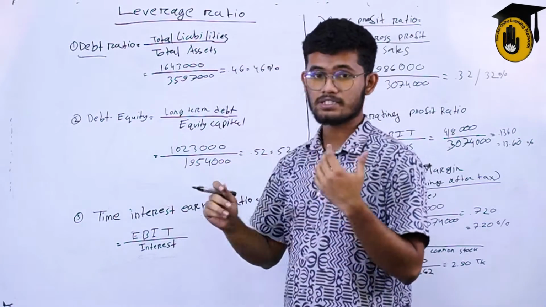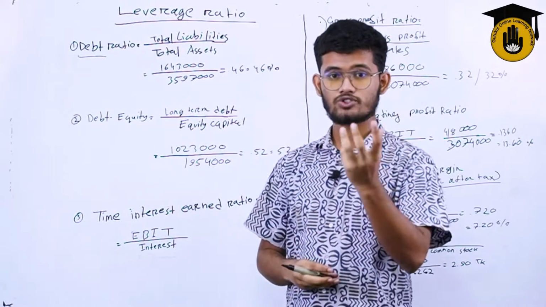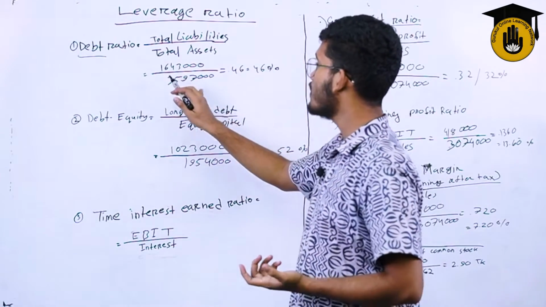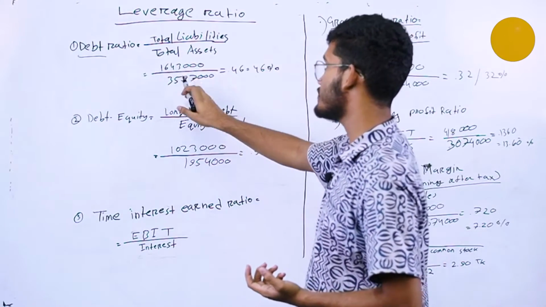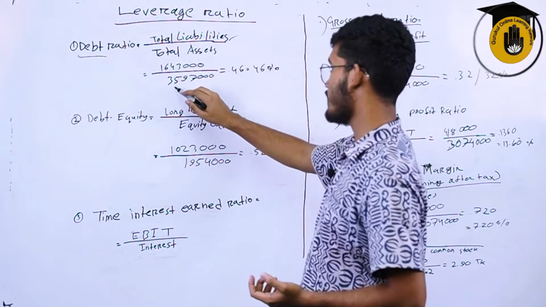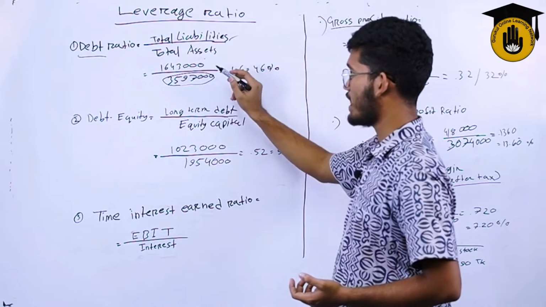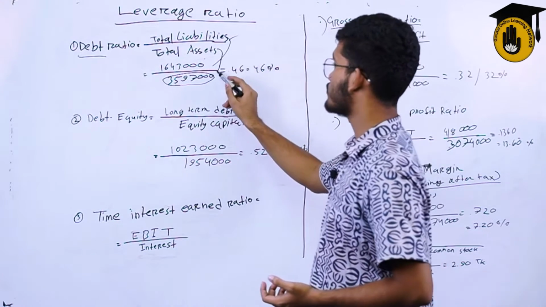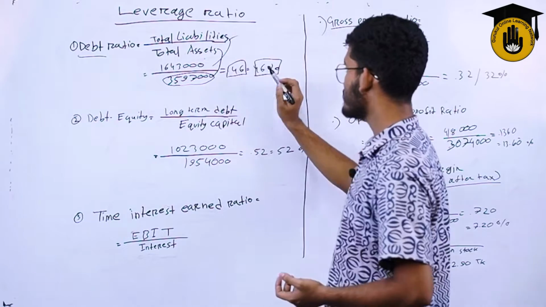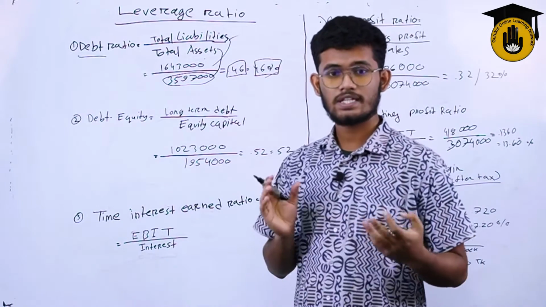Total liabilities means the total amount of money that we are liable to our creditors, which we have to pay. 1,643,000 is the total liabilities, and the total assets are 3,597,000. So we divide the total liabilities by the total assets, and we get 0.46. We break it down to percentage, and we get 46% as the total debt ratio.